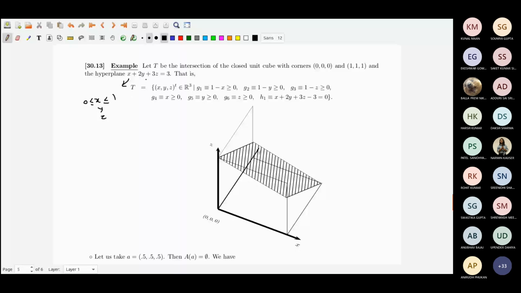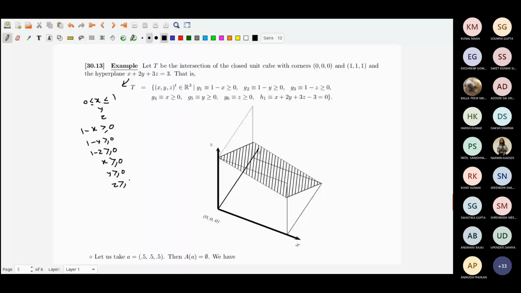First constraint is 1 minus x greater than or equal to 0, because I have to write them in greater than or equal to 0 form. Second one is 1 minus y greater than or equal to 0. Third one is 1 minus z greater than or equal to 0. Next, x greater than or equal to 0, y greater than or equal to 0, z greater than or equal to 0, and there is one equality constraint.